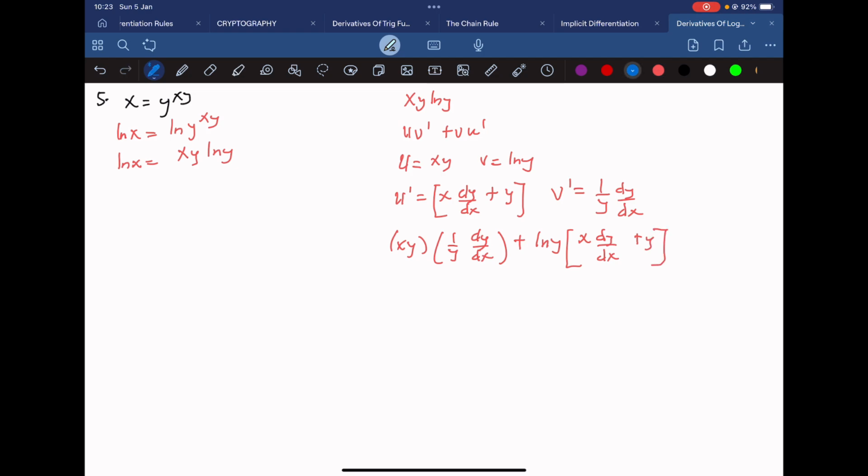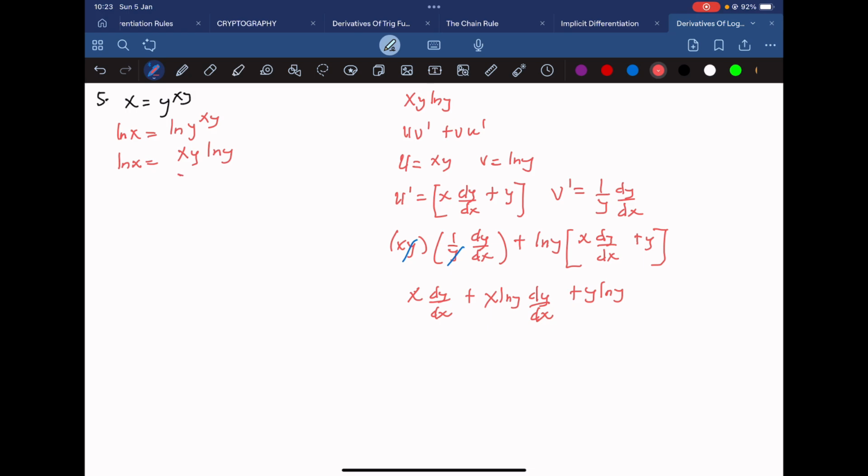Now over here you can see that this y will cancel this y, so we have just x dy dx, plus, now we can distribute ln y to this two, so we just have x ln of y dy dx plus y ln of y.